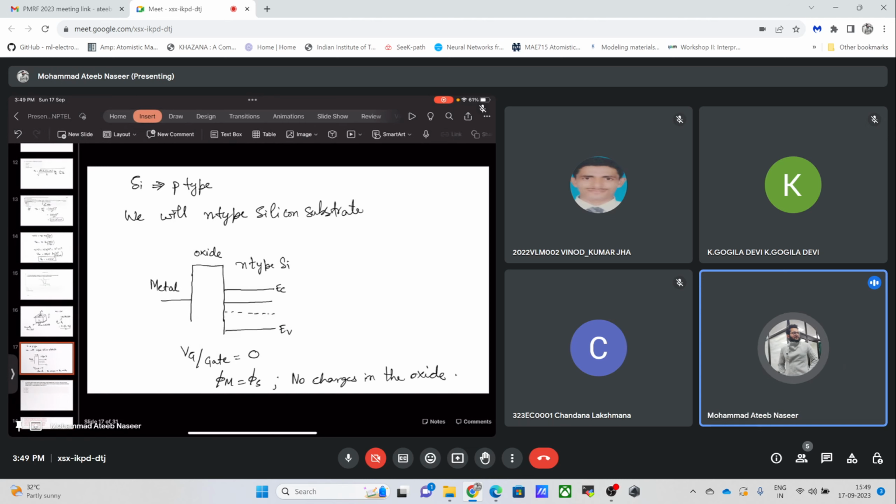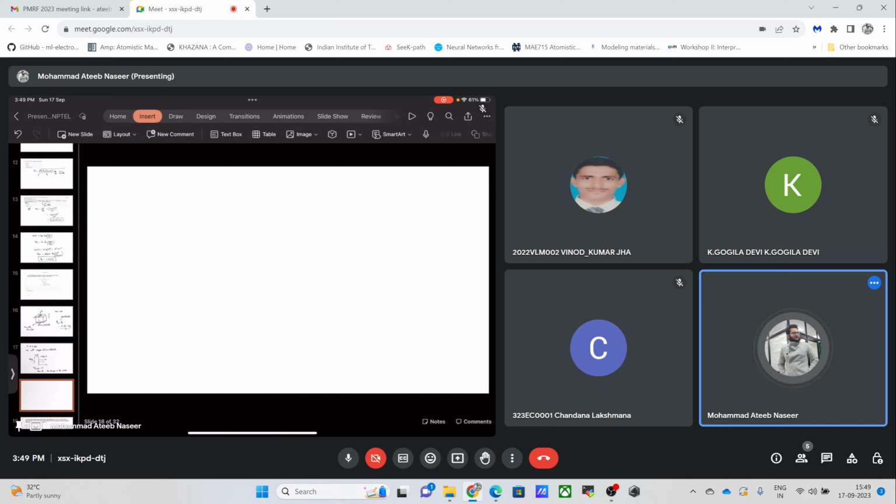Now let's draw the energy band diagrams for the various biasing conditions.